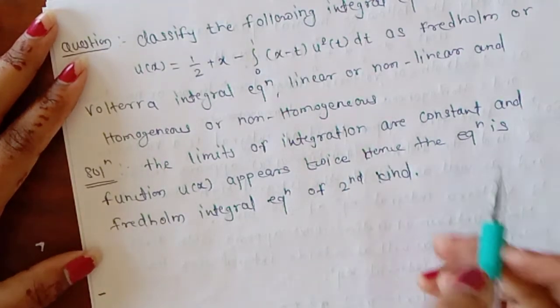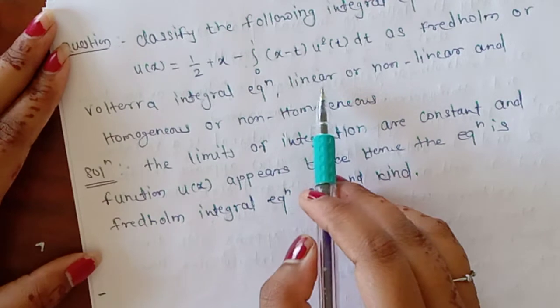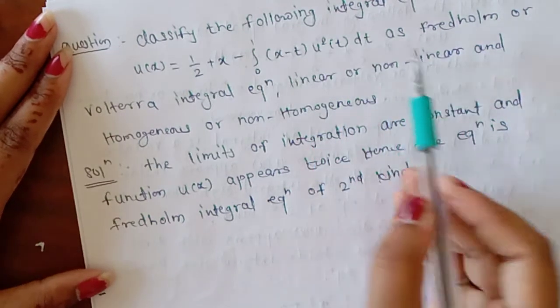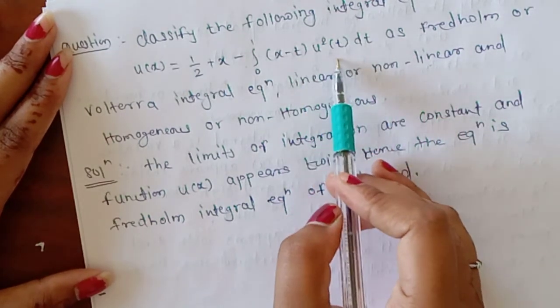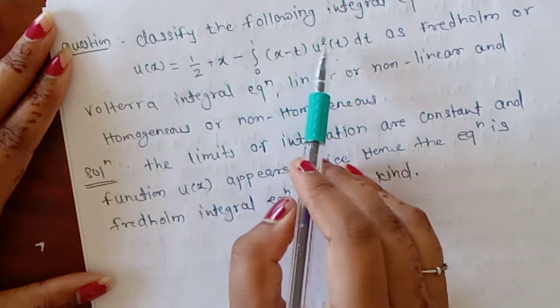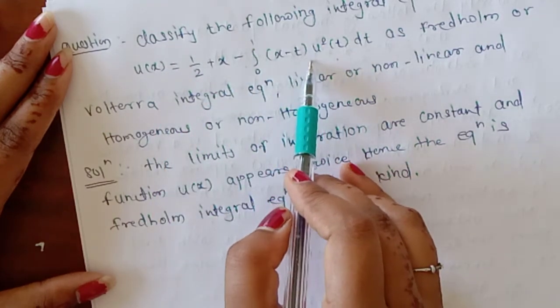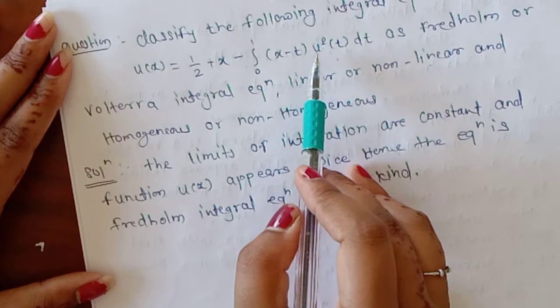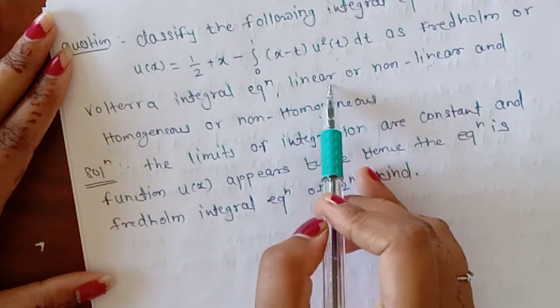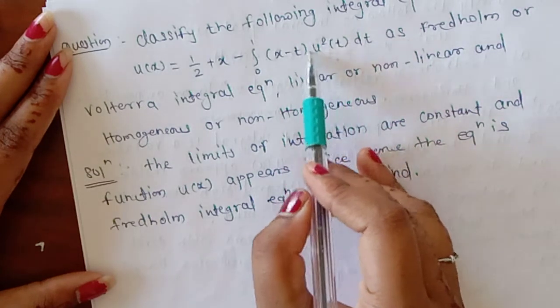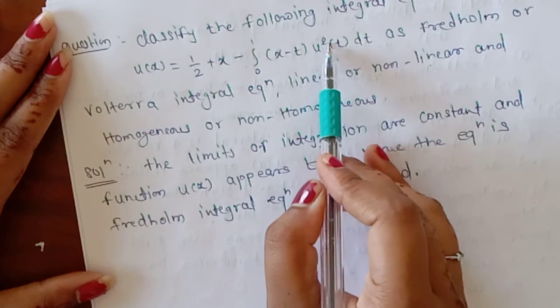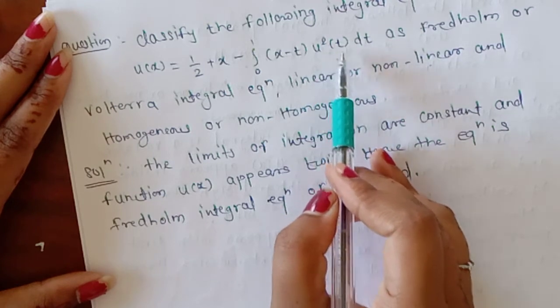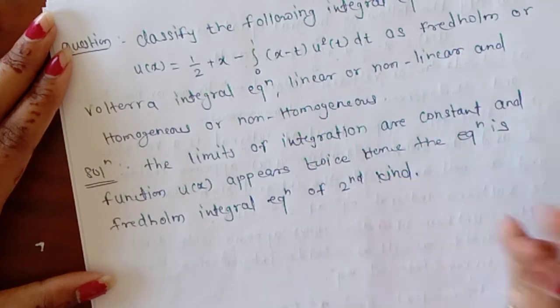Now we have to look at whether this integral equation is linear or non-linear. For this we look at the unknown function u of x. When the unknown function under the integral sign appears with power 1, it is a linear integral equation. But here the unknown function u of t appears with power 2. It has no power 1. Therefore it is a non-linear integral equation.